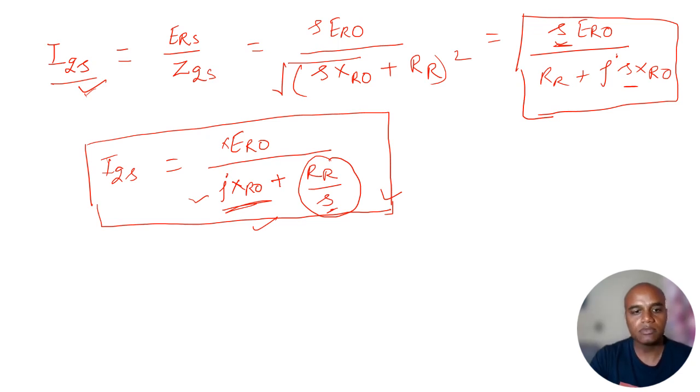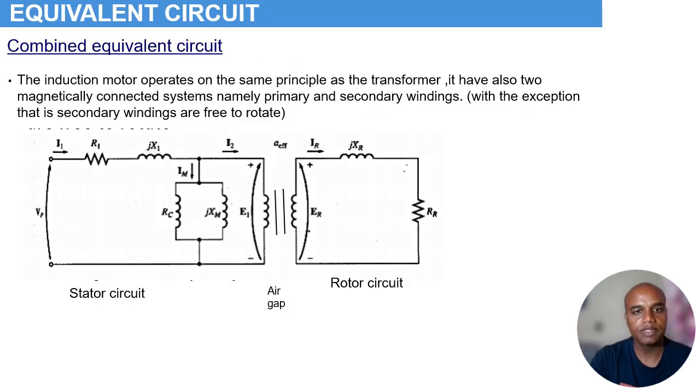Let's go further. Now what we have developed is the stator resistance and reactance, the magnetizing component, whatever is induced by the stator winding, and then the rotor induced EMF, the rotor reactance and the rotor resistance. It does not have any approximation with the transformer, because we are again considering the same slip concept.